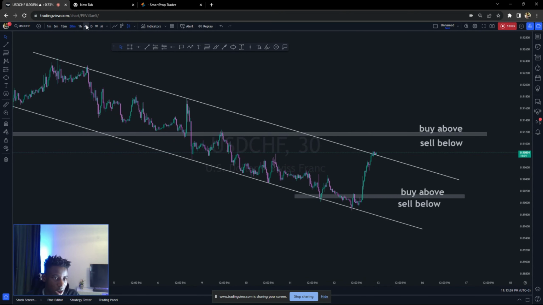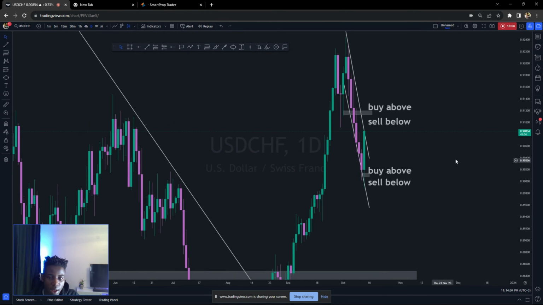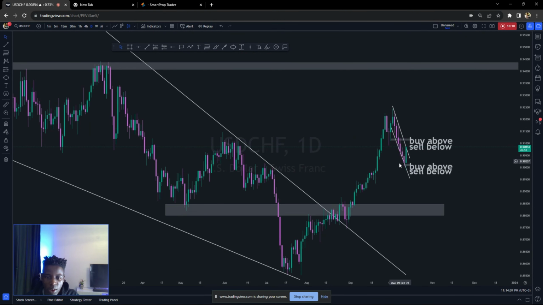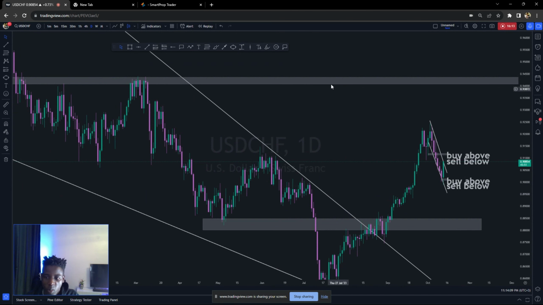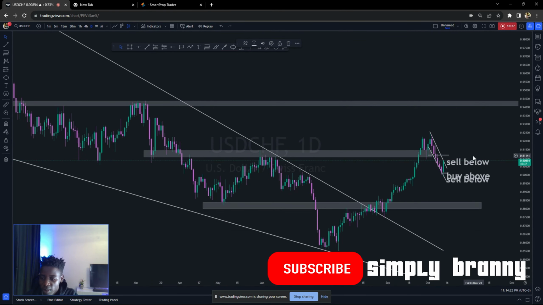For example, I'll give you a quick recap where I took some sales from here. I took this sell, whereby you can see people were trying to sell this support, but to myself I didn't have a reason why I should sell from here.